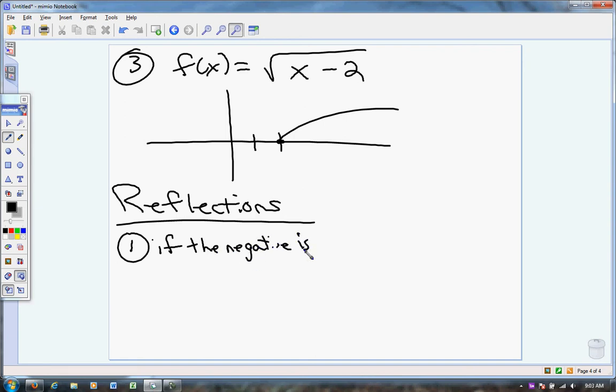If the negative is outside, then it gets flipped down. If the negative is outside, it gets flipped down.